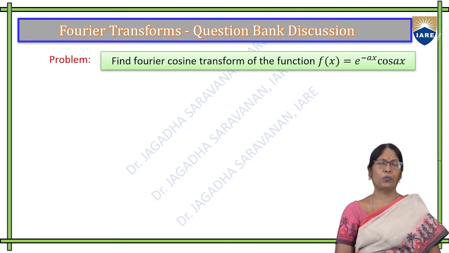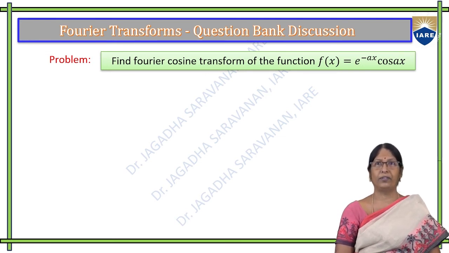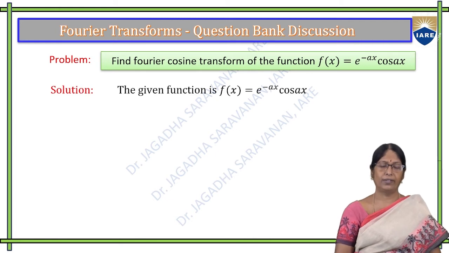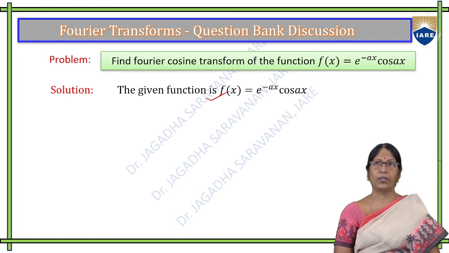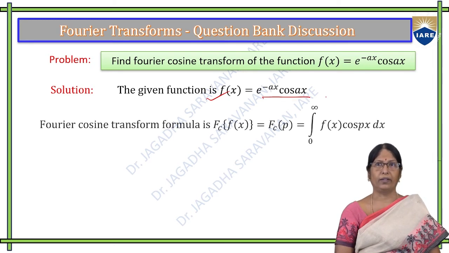So the next problem which is dominating in our question bank is: find the Fourier cosine transform of the function f of x equal to e power minus ax cos ax. That is the given function, if you are noticing, f of x equal to e power minus ax cos ax.